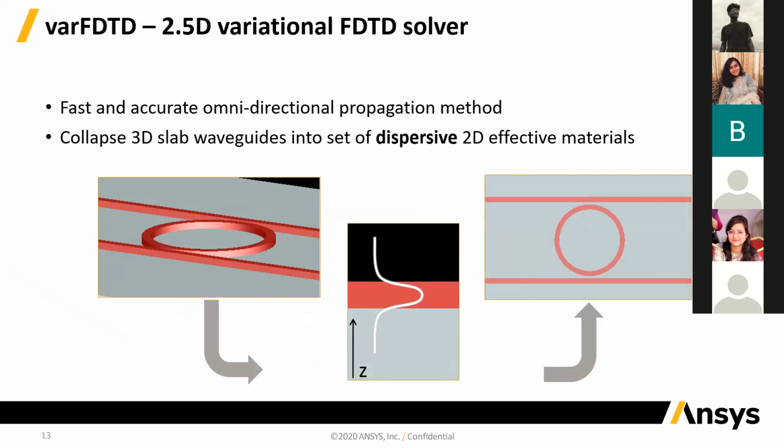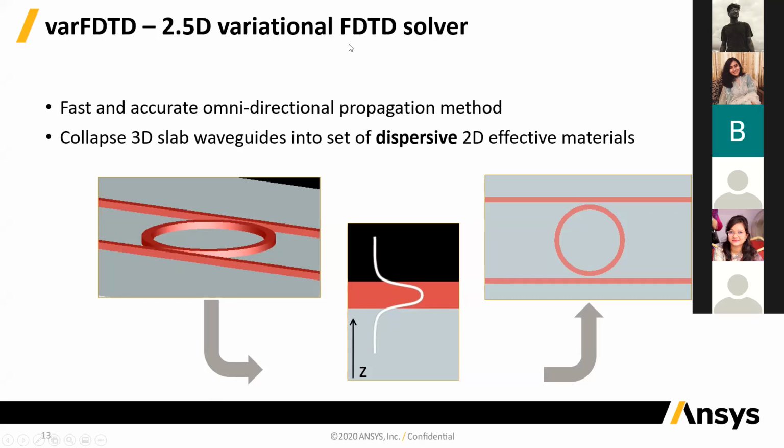So if you have a 3D device where there's no variation in the vertical direction for your geometry, like this ring resonator here, where you have a fixed thickness slab of silicon that you etched to create different designs, in these particular cases you can collapse this third dimension and convert the index of the material to capture the effect of this third dimension in a 2D simulation.